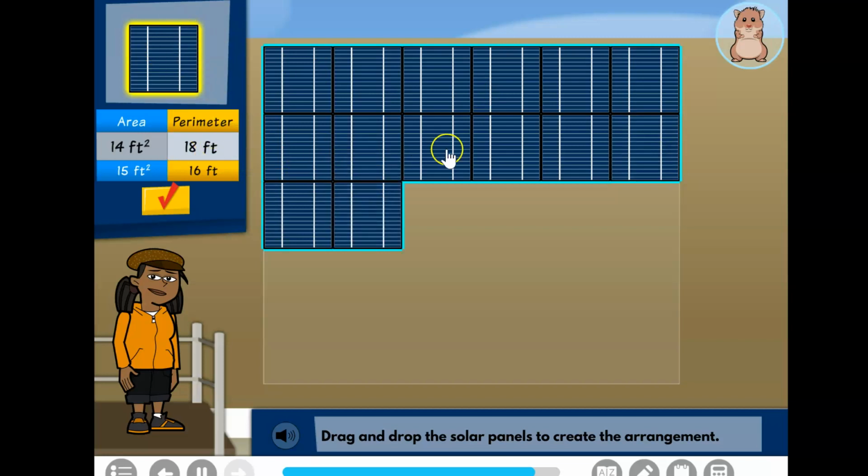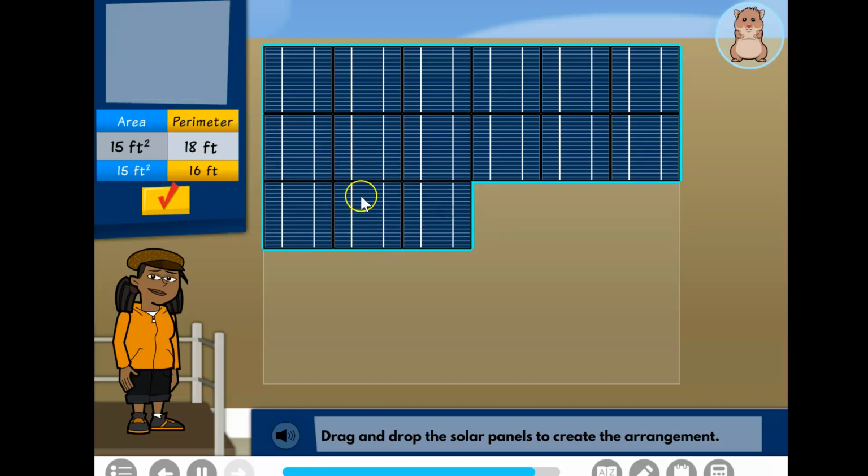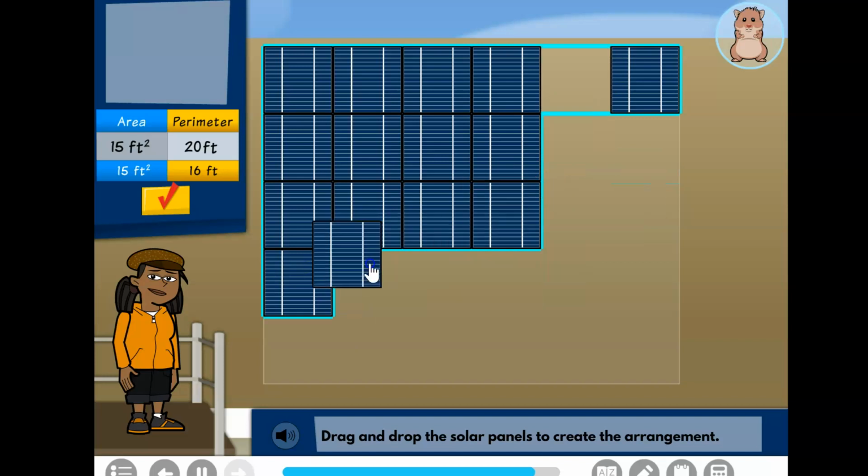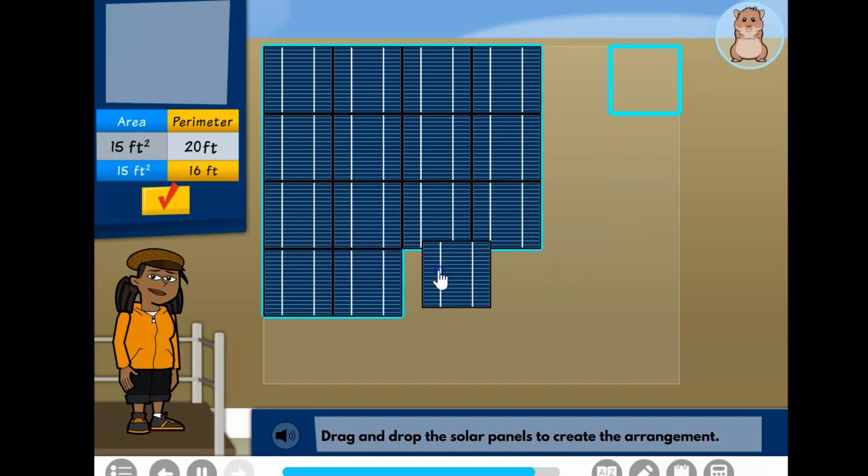Look, I'm at 18, so I have to start rearranging this. So I get to here, I have 15. Now I want to start rearranging these until I have my perimeter down to 16 again. So you might have to play around with it, see what it looks like. I think if I drag that there, yep, that would work right there. That's a way you could arrange those panels. There's a couple different ways you can arrange the panels on the roof.